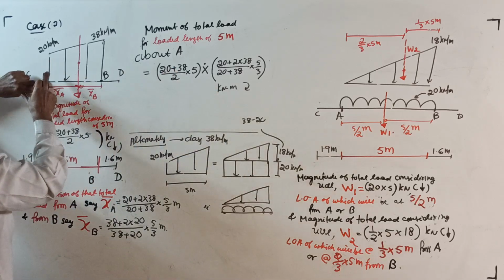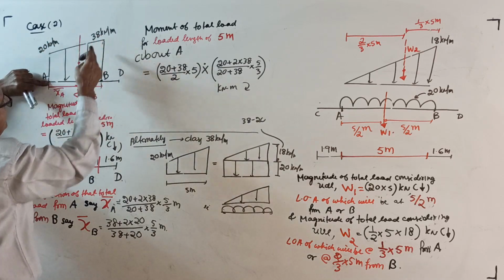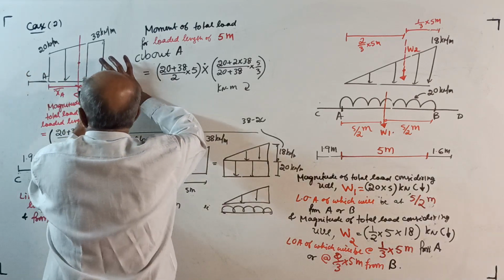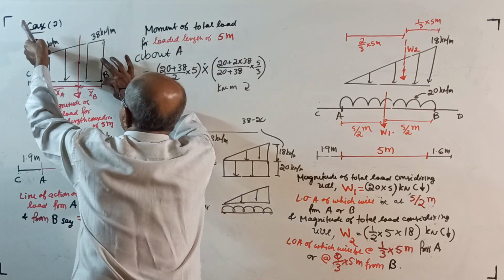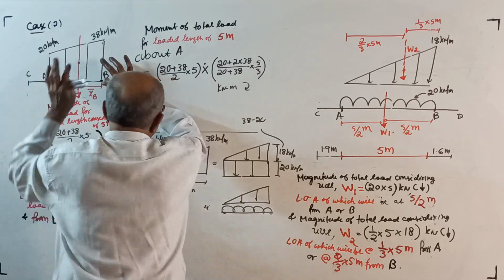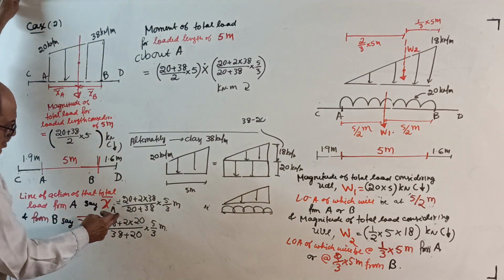XA bar equals (20 plus twice of 38) divided by (20 plus 38) into 5 by 3. I wrote it here. XB bar from B equals (38 plus twice of 20) divided by (38 plus 20) into 1/3 of 5. Okay, over. Now, I wrote everything.